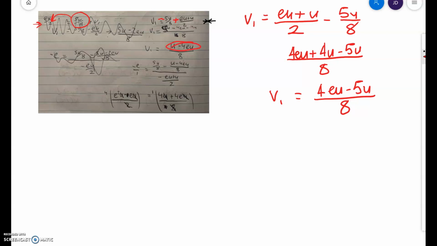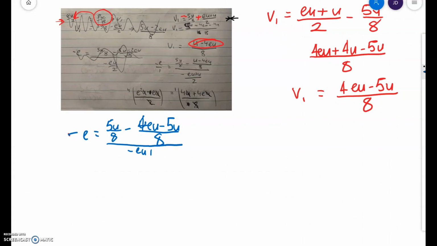Then when you went on to do your minus E formula, okay, just to note, in our minus E formula we had minus E equals V2 minus V1, so 5u over 8, sorry, 4EU minus 5u over 8, all over minus EU plus u.